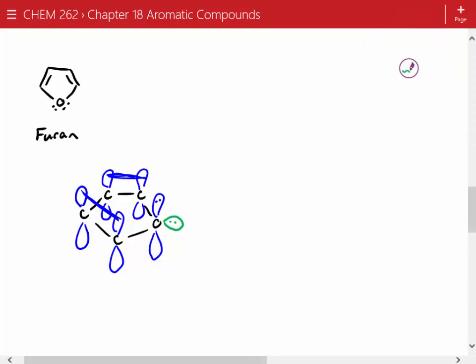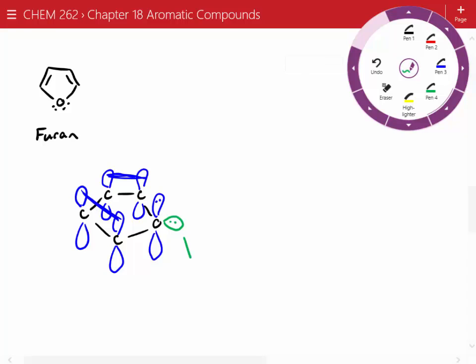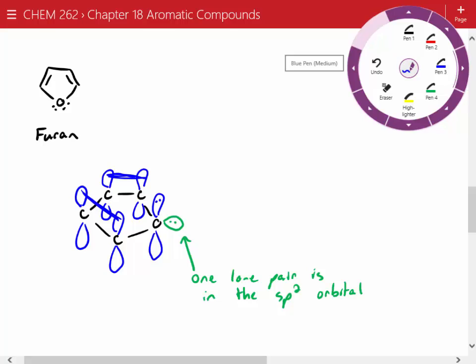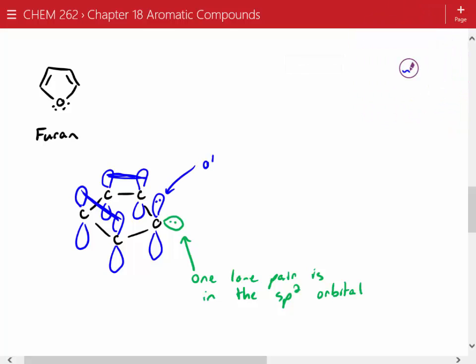Yeah, exactly. So if we look at this one, you can say 1 lone pair is in the sp2 orbital, and then the other lone pair is in the p orbital.